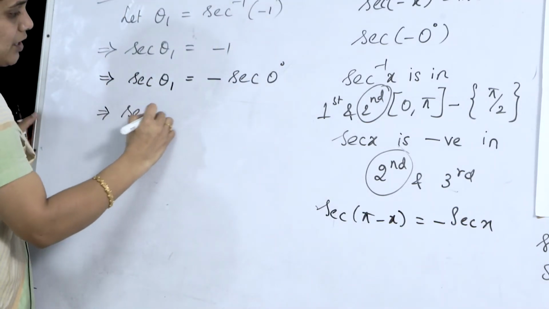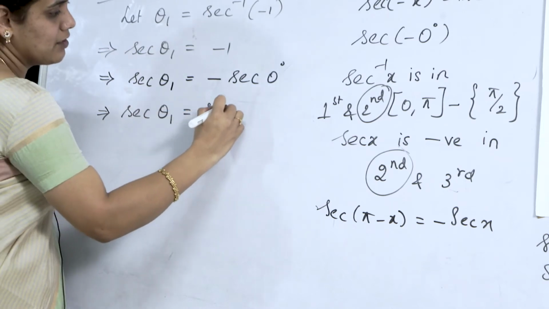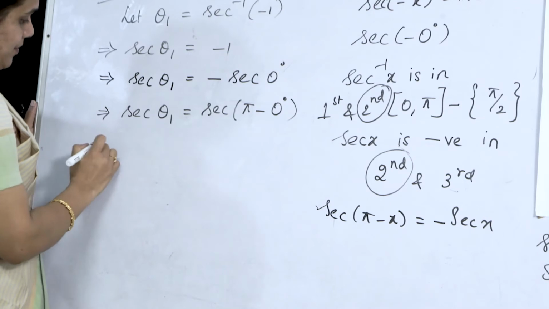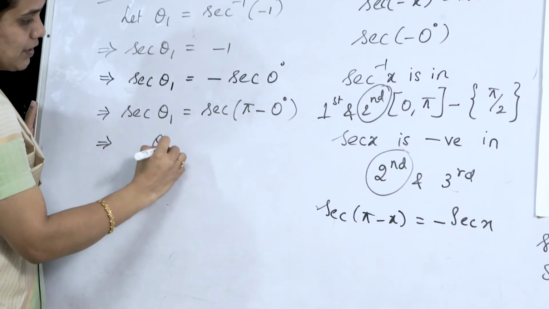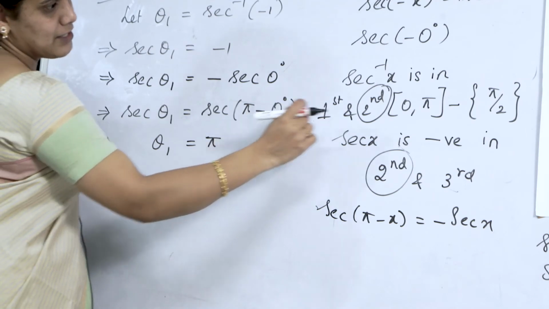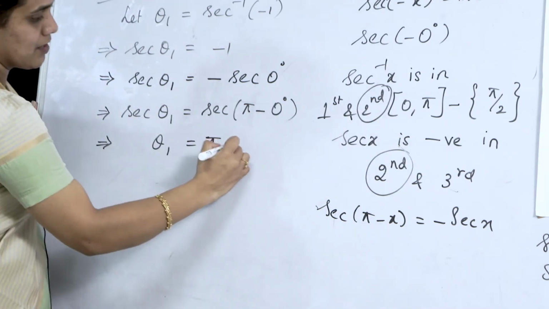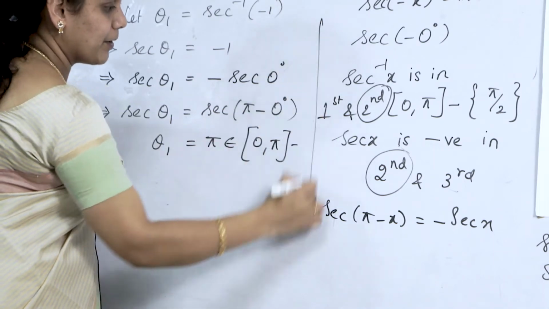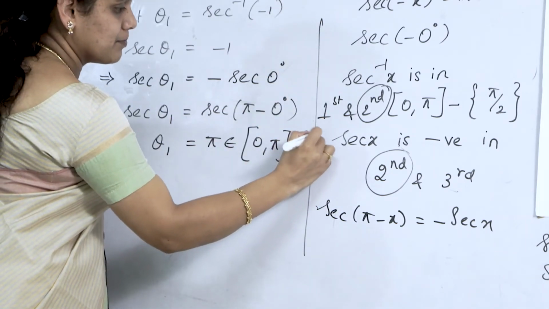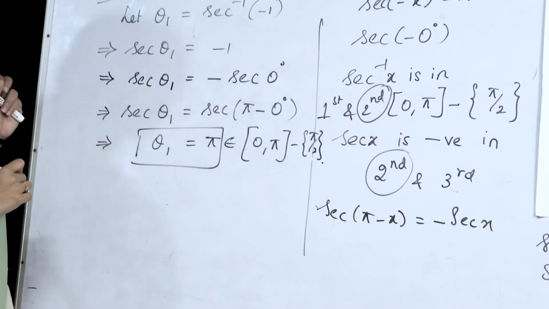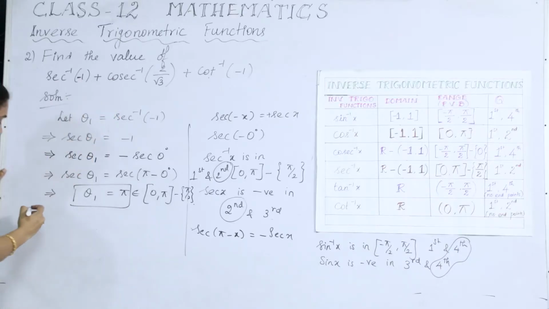So secant theta 1 equal to secant pi minus 0, right? Okay, then theta 1 is equal to pi. Is it in this interval or not? Yes, right? We have the closed bracket, therefore we can take pi, excluding pi by 2. Okay, so this is the first value, and let us go on to the next one.